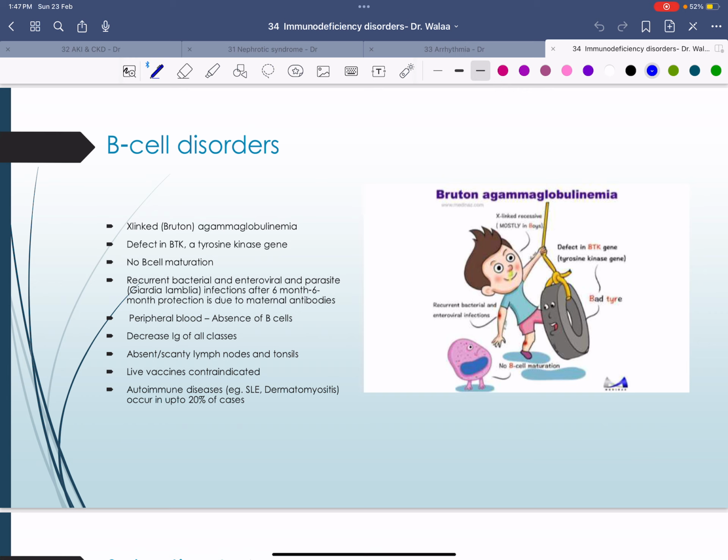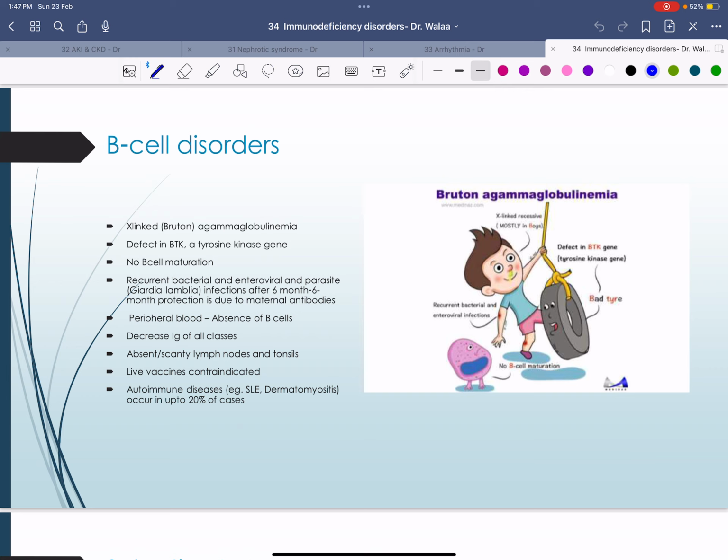Without this mechanism, we'll have real problems with encapsulated bacteria, as we said, strep, Haemophilus and Neisseria, which are capable of causing pneumonia, septicemia, meningitis, recurrent sinopulmonary infection, otitis media, etc. Patients can be at risk to develop bronchiectasis or chronic lung disease because of the recurrent and frequent lung infections.